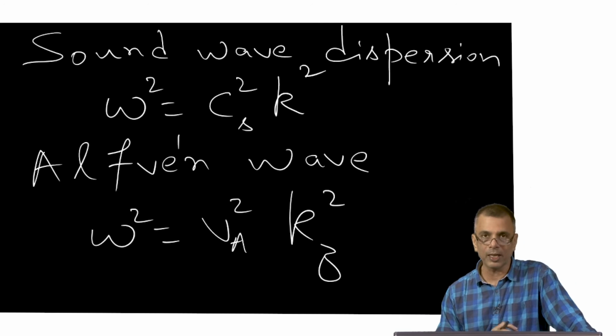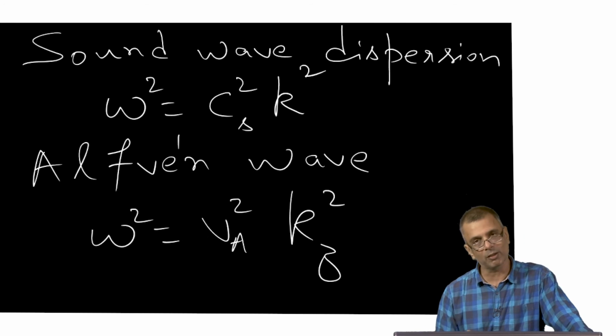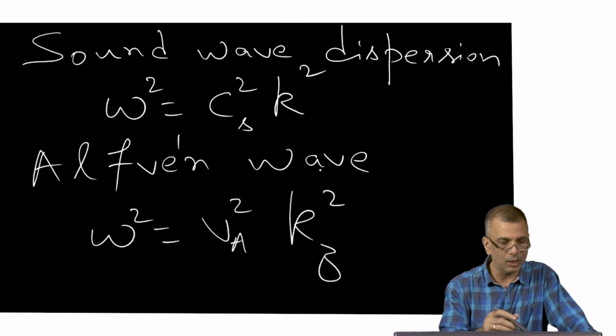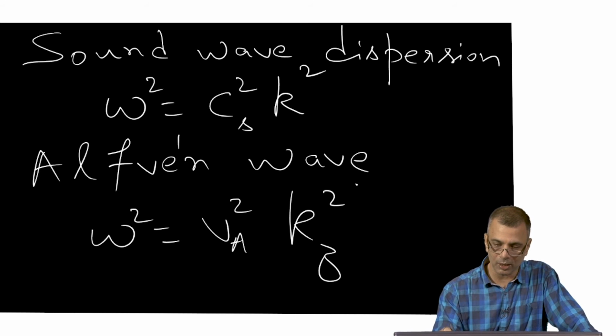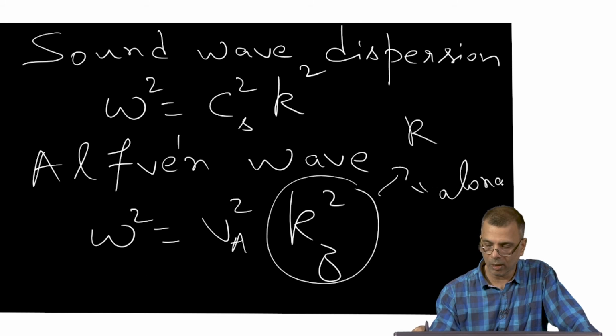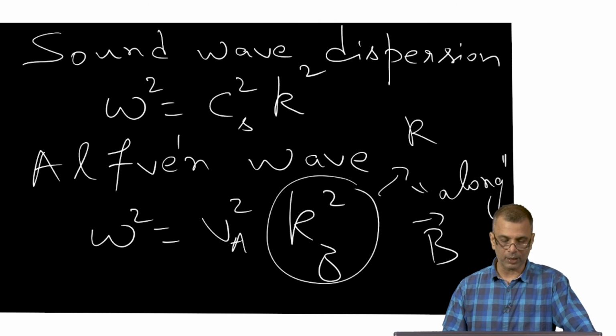Specifically, the k along the magnetic field is different from the k perpendicular to the magnetic field, and here we are referring to k_z, in other words, the k along the magnetic field. So this is very important to keep in mind.